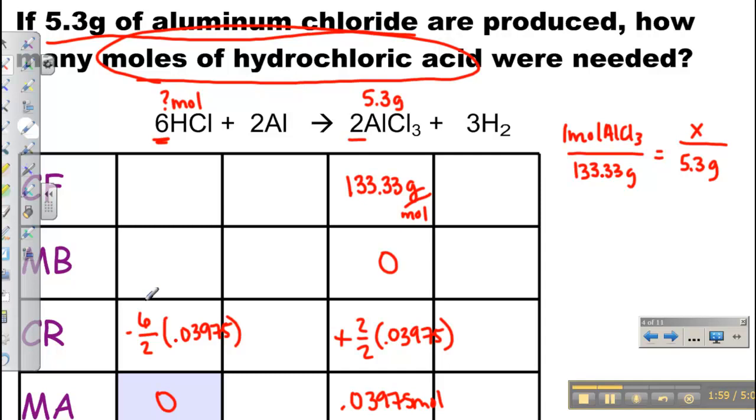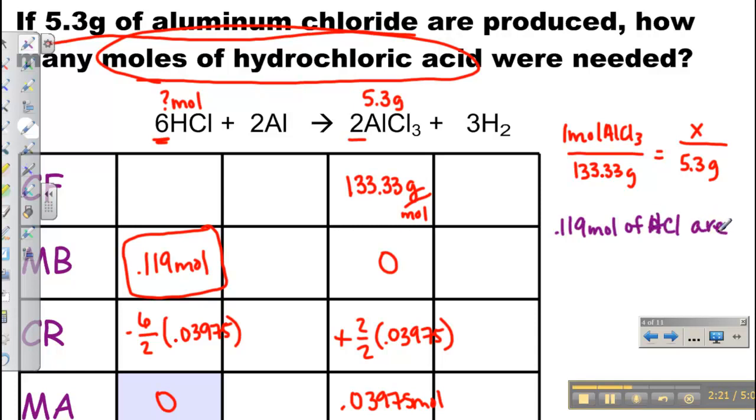So when we do our math here, we end up with 0.119 moles of HCl. And this is actually our answer. So the way we would write that out is 0.119 moles of HCl are needed to produce 5.3 grams of aluminum chloride.